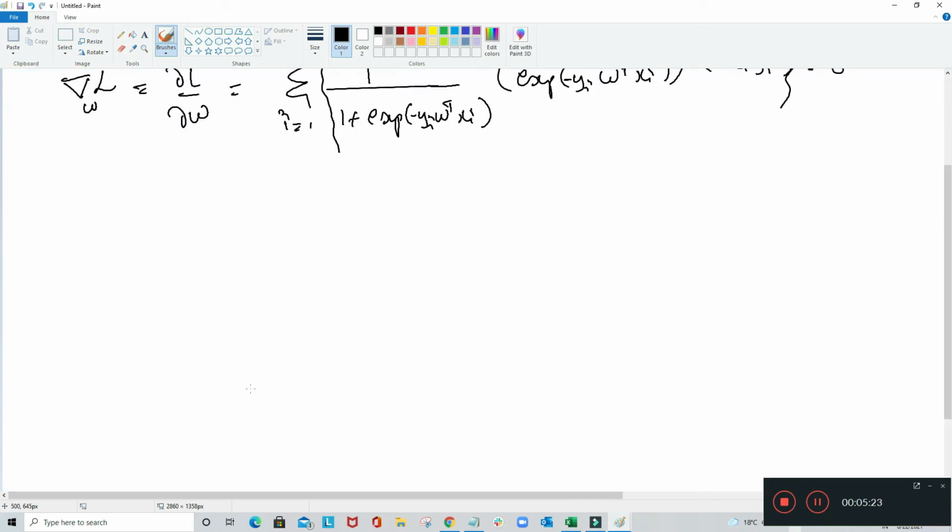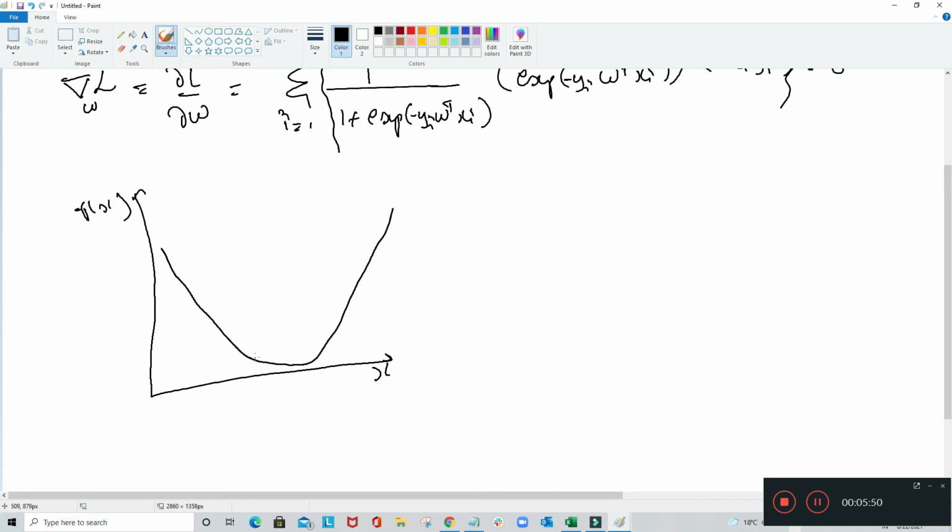And how the gradient descent algorithm actually works: consider we have the function represented as f of x, defined like this.